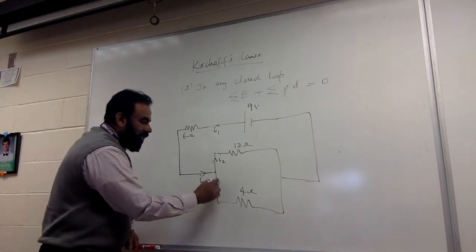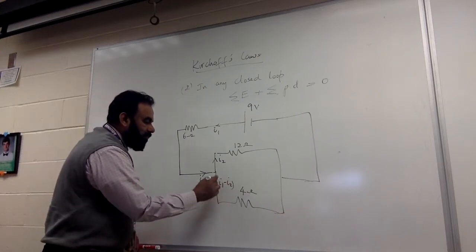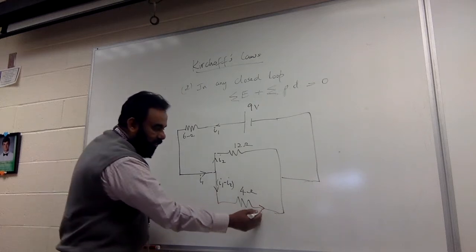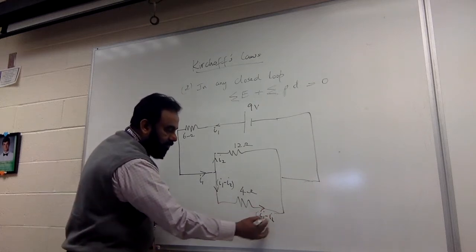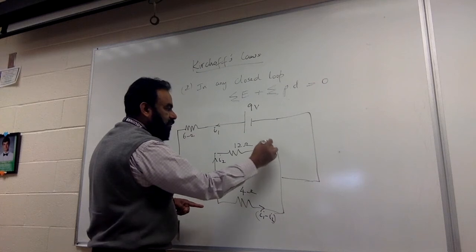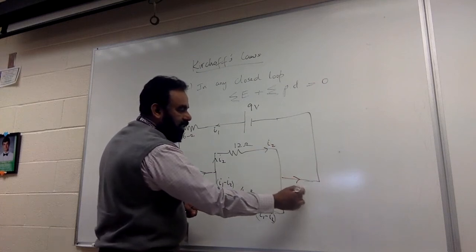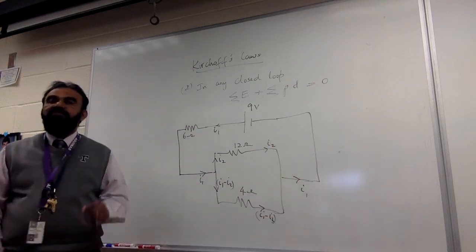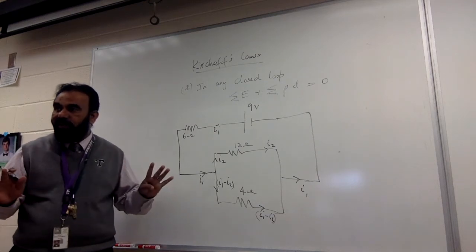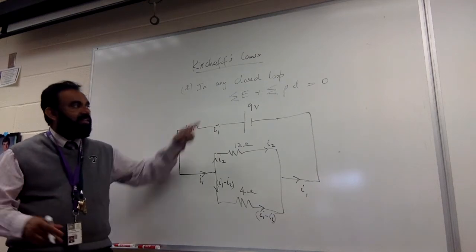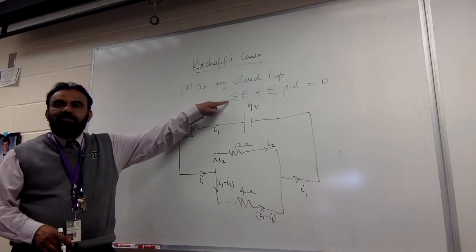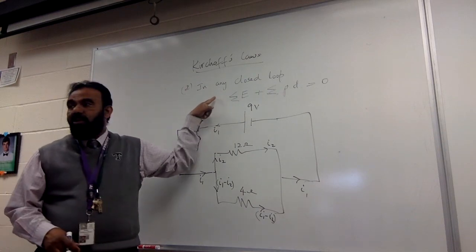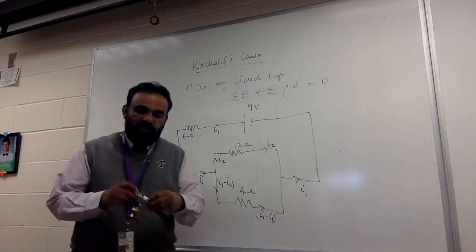So the current here is I1 minus I2, and this I1 minus I2 goes here. And I2 goes here. And then together it becomes I1. This is the first part of your problem solving. In the next class, I'll show you how to use the second law here and get to the answers.